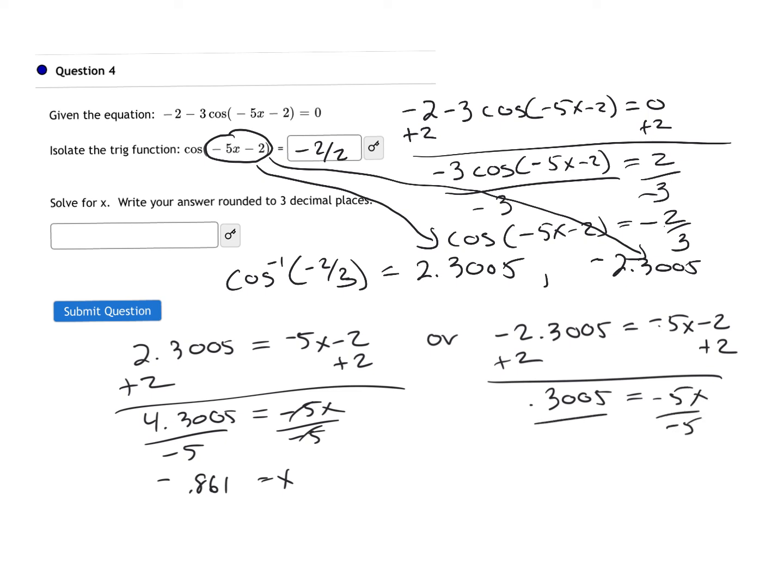Divide by negative 5, and I'm going to get that x is equal to 0.061. So we'll have negative 0.861 and we'll have 0.061 for my two answers.